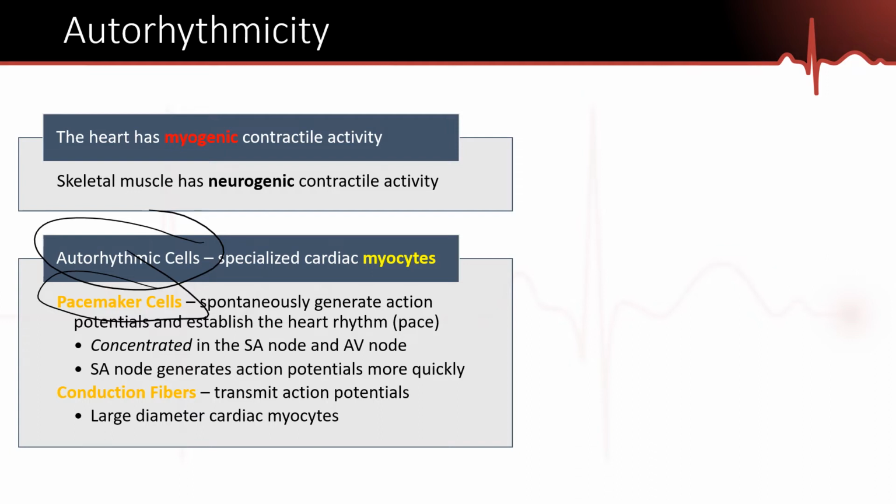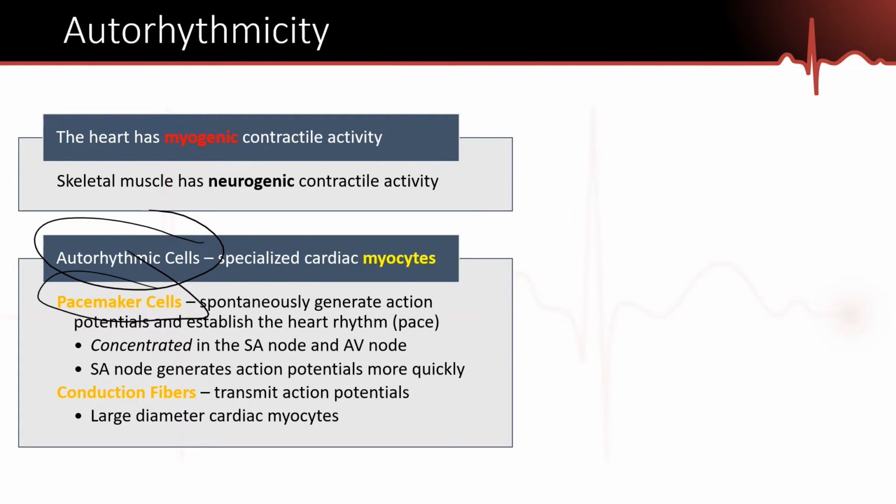And what we need to do now is talk about these autorhythmic cells, cardiac muscle fibers as they are, of the heart. The most common autorhythmic cells of the heart, right? These are these cardiac muscle fibers that can generate their own action potentials and contract thus on their own without being stimulated by a neuron.